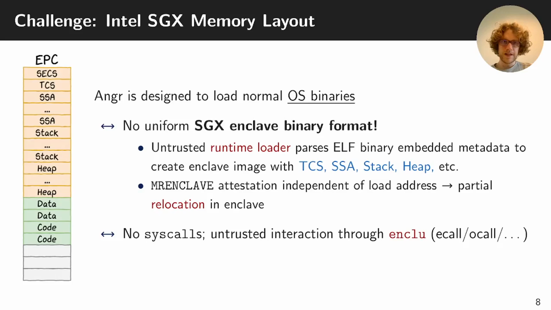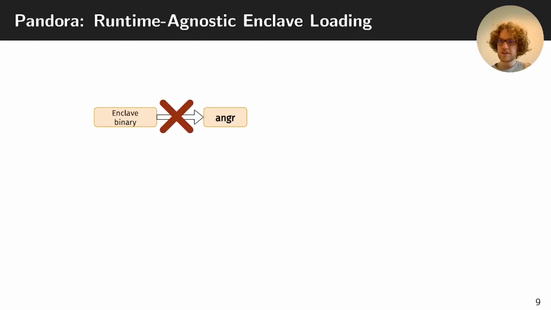So the starting point, as I said, is to put your binary into angr. It will not work out of the box, and prior solutions have come up with some sort of ad hoc approaches that are very specific to the Intel SDK, sometimes even to a specific version of the Intel SDK, to essentially get a binary in a form where you can start executing it without executing the runtime. We are inversely interested in executing the runtime.